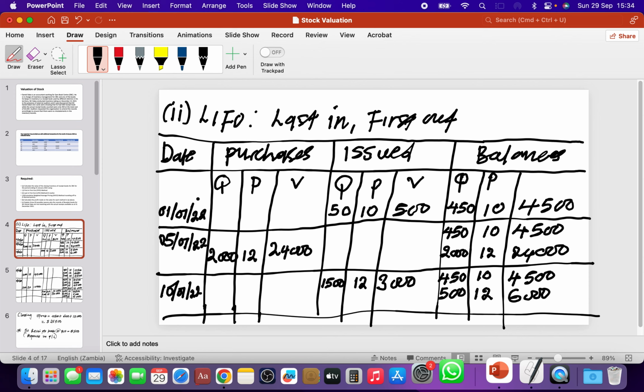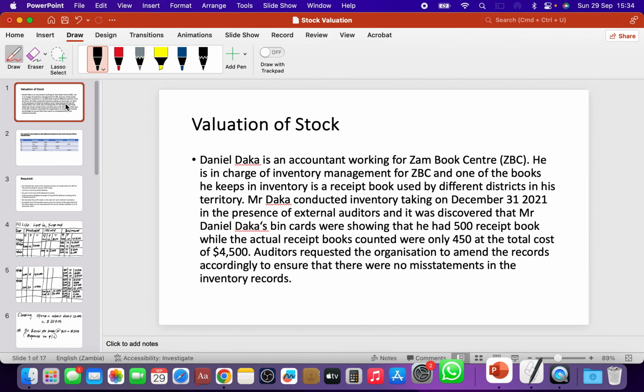Now, where did we get the records that I've put in this first row on the 1st of January 2022? This information we've gotten from the question, which says that on the 31st of December 2021, a stock count was carried out, and Mr. Dakar's bin cards were showing that the stock at hand was 500 receipt books, but the actual count showed that the total receipt books were 450.